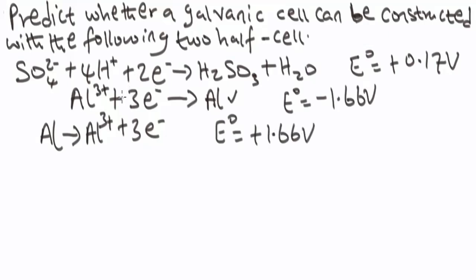Now if you look at these half cells, you will notice that their charges are not equal. The electron gain is not equal to electron loss. Here we have 2 electrons, and we have 3 electrons here. So to balance the charges, to ensure that electron gain equals electron loss, we have to multiply everything in the reduction half cell by 3, and everything in the oxidation half cell by 2. Let's begin with the reduction half cell.